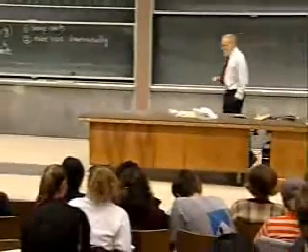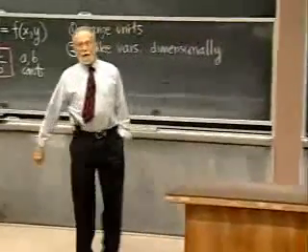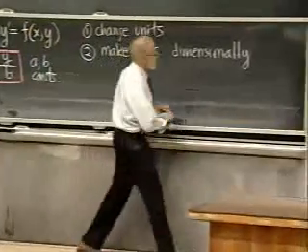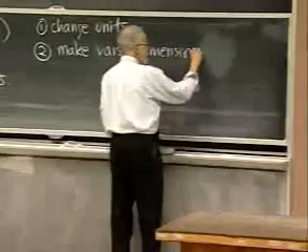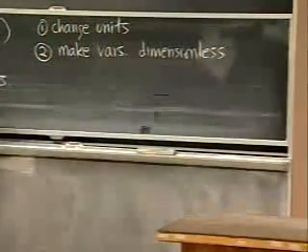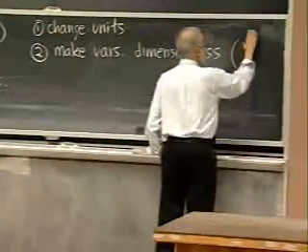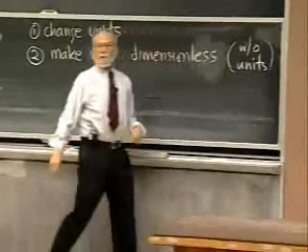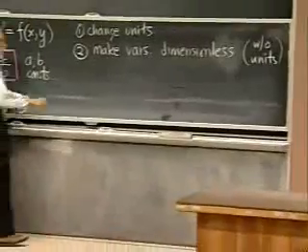Since you're well aware of the tortures involved in dealing with units in physics, the point of making variables dimensionless, I don't have to sell that. Dimensionless, i.e., no units, without any units attached. It represents the number 3, not 3 seconds or 3 grams or anything like that.